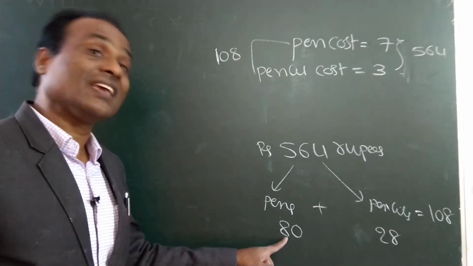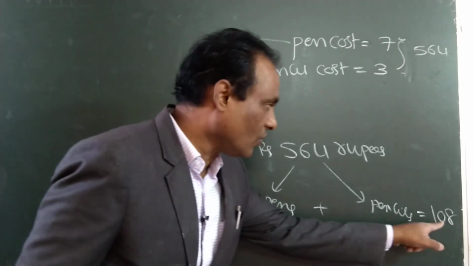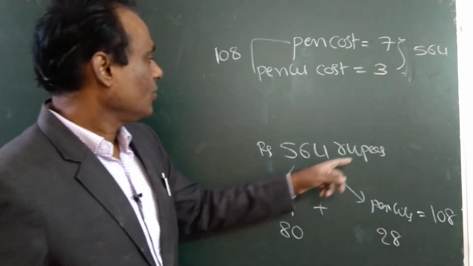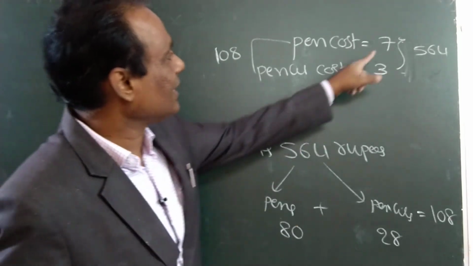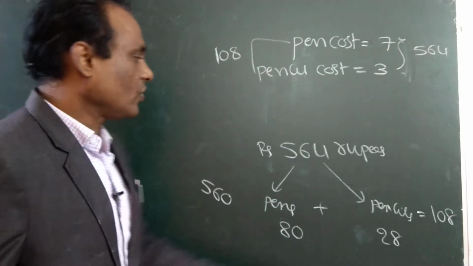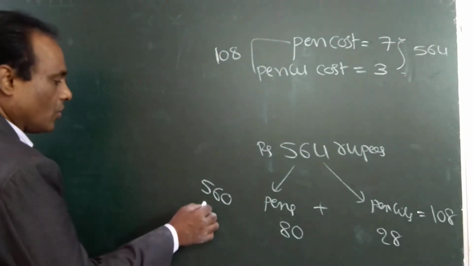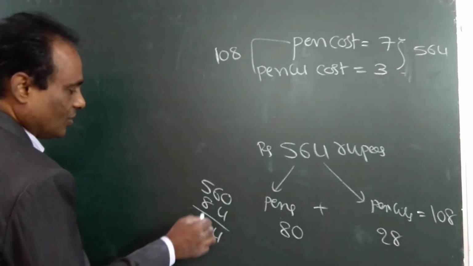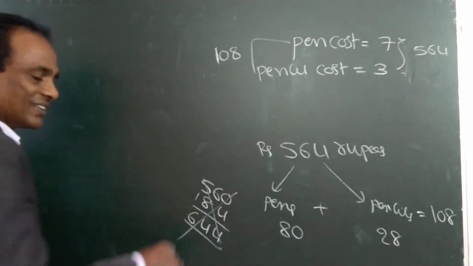But the bill is 564 rupees. See, 80 pens means 80 into 7, which is 560. 28 pencils, 28 into 3 is 84. So this is 644 rupees. So this is not correct.